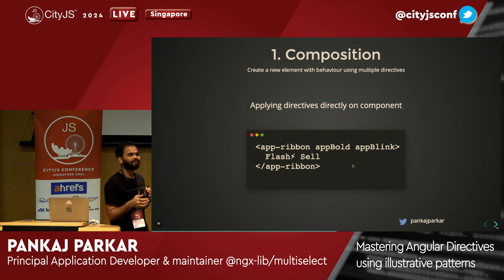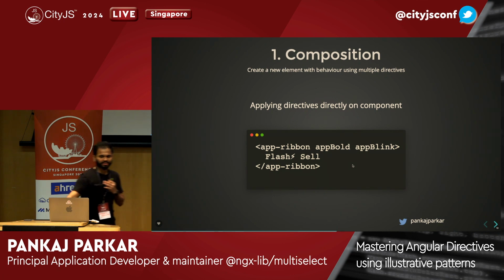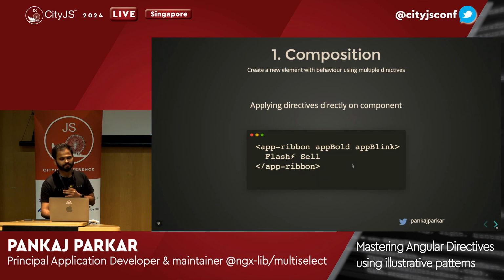For example, directives carry some behavior and can help you put it onto the DOM. Here app ribbon is a component, and I want to bold the text as well as blink it. So I used two directives, bold and app blink. I just kept them on the element, and magically it will add that behavior.